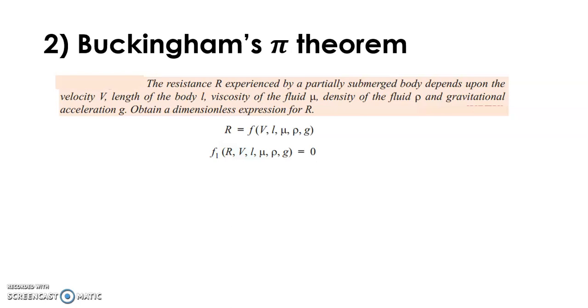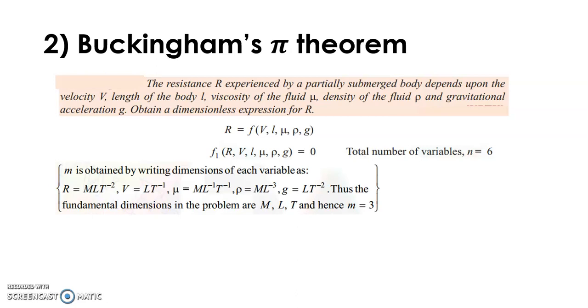Now, if you just count here, n equals 1, 2, 3, 4, 5, 6. n equals 6 here. n is always counted by including R, the dependent variable. So, total number of variables n equals 6 here. Now, there is also one more term which is m in addition to n. m is always measured as the maximum number of dimensions available in the array of the variables.